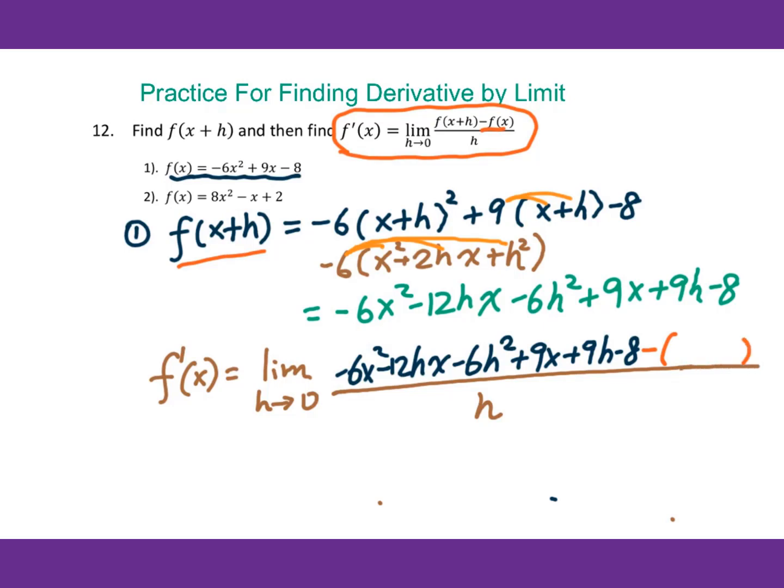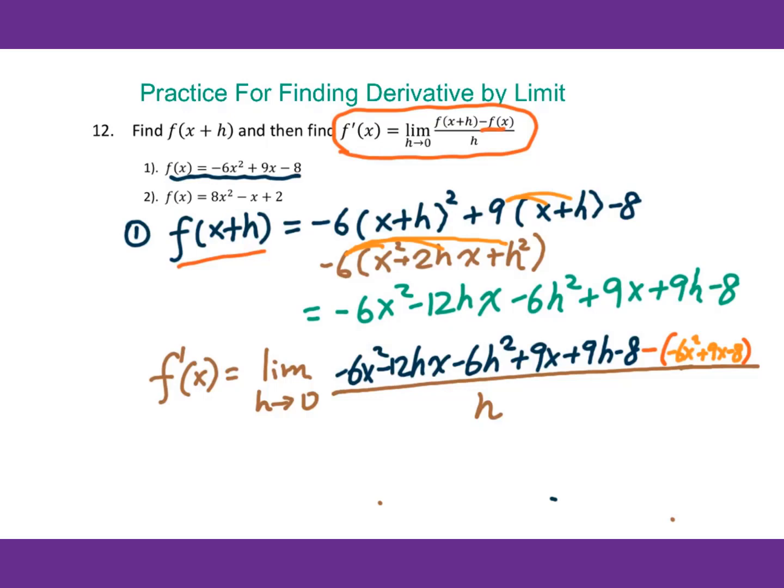Minus polynomial, you have to put the parentheses. So we got here that is negative 6x squared plus 9x minus 8. Then we do distributive property.